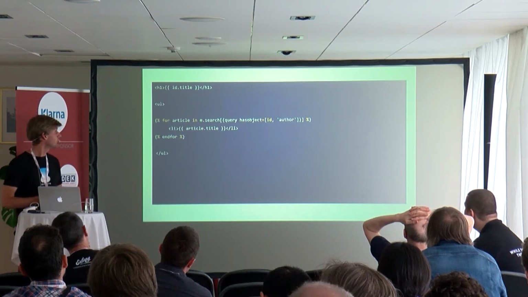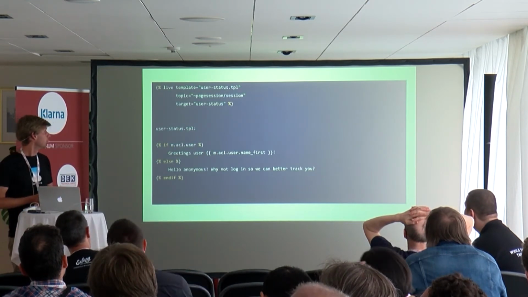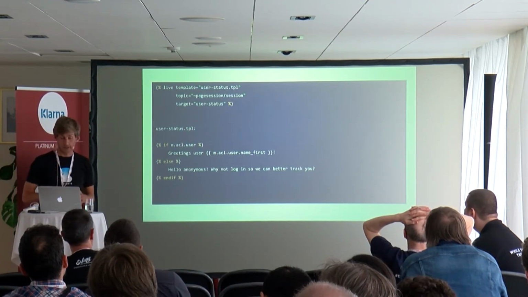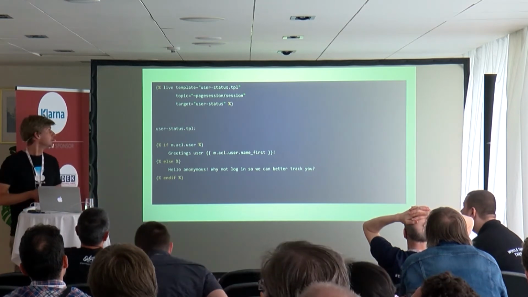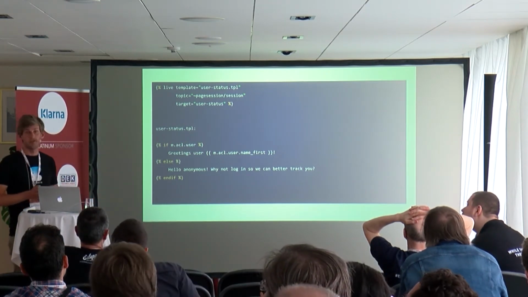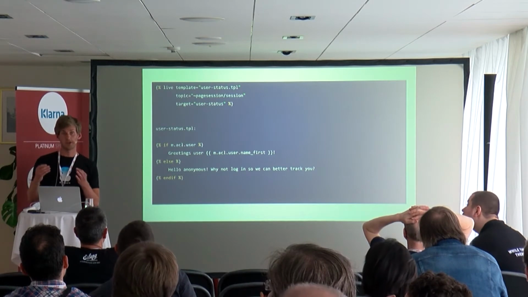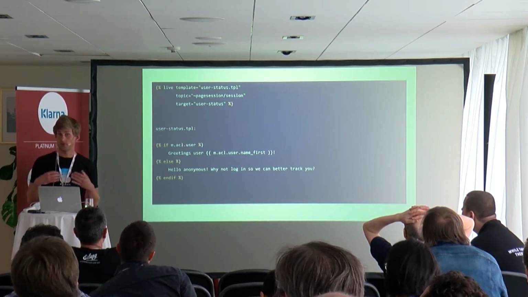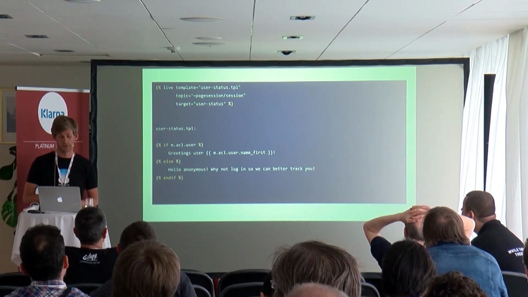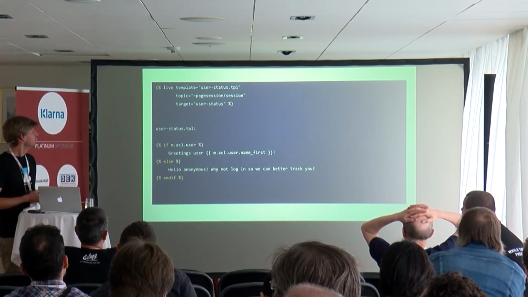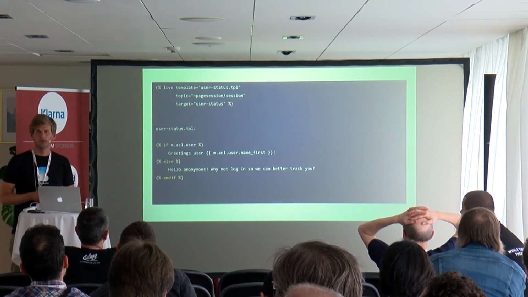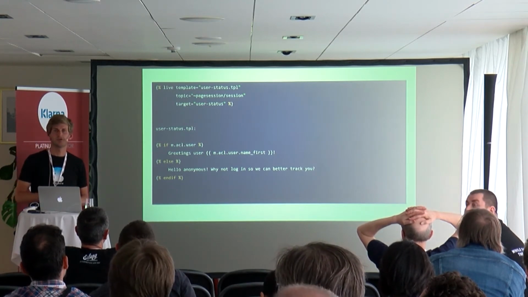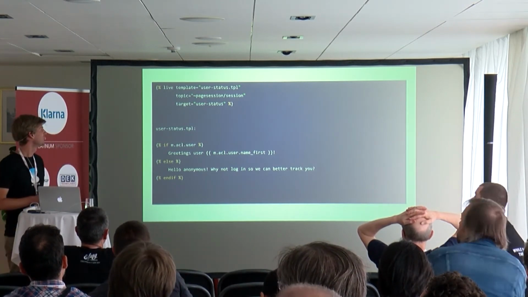And same thing goes for more advanced stuff like access checks and ACLs, and also what we call live templates. So you can have dynamically changing bits in the web application without writing any JavaScript as well. What this does then is render a template. Is that readable, by the way, in the back? Hope so. Yeah, good.